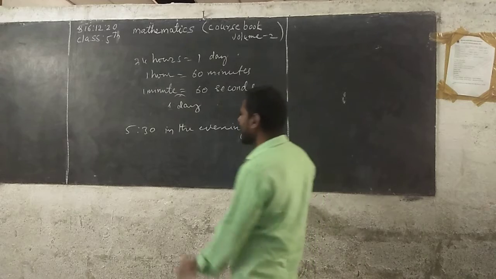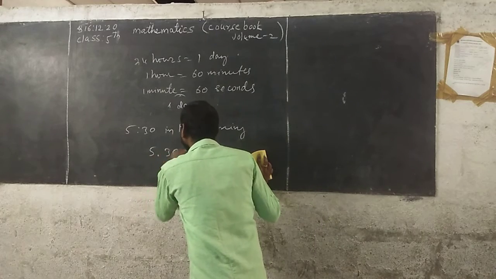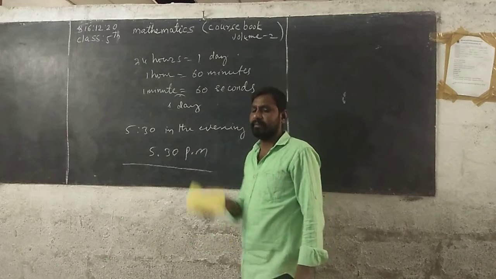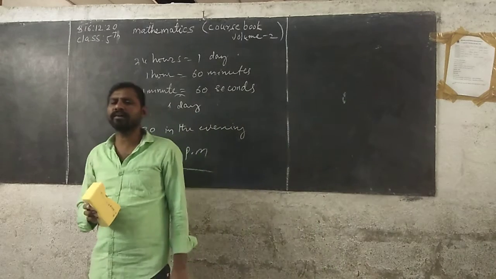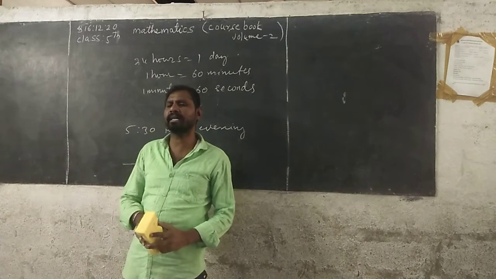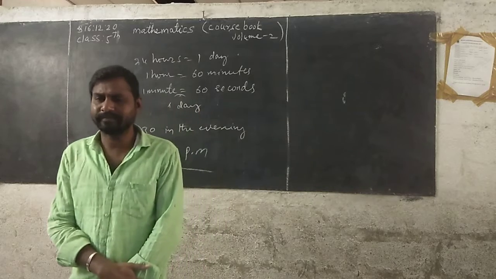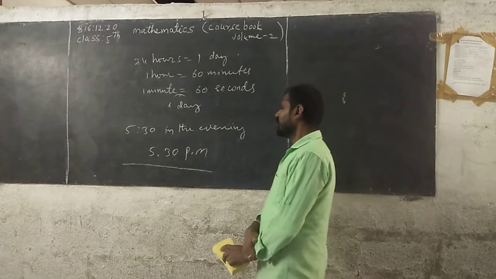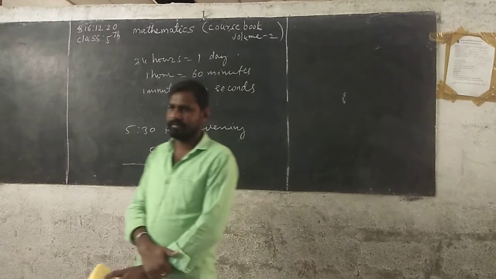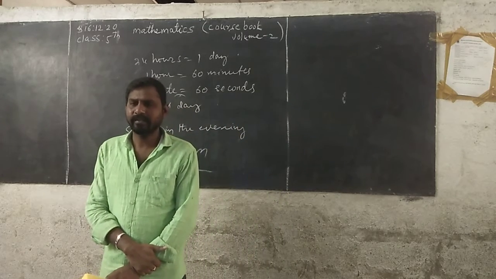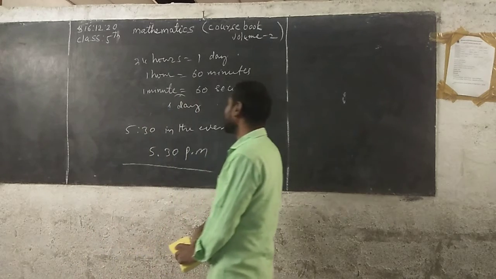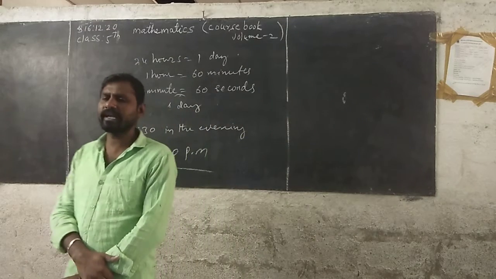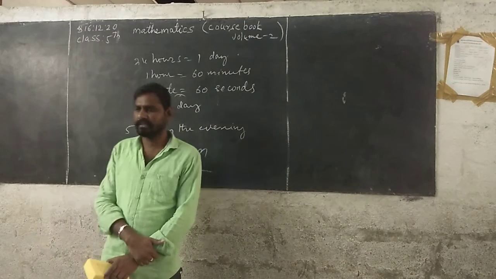It can be written as 5:30, and evening means post-meridian, PM, 5:30 PM. Midnight 12 o'clock to afternoon 12 o'clock is written as AM, anti-meridian, and afternoon 12 o'clock to midnight 12 o'clock you write PM, post-meridian. This is the information about time.